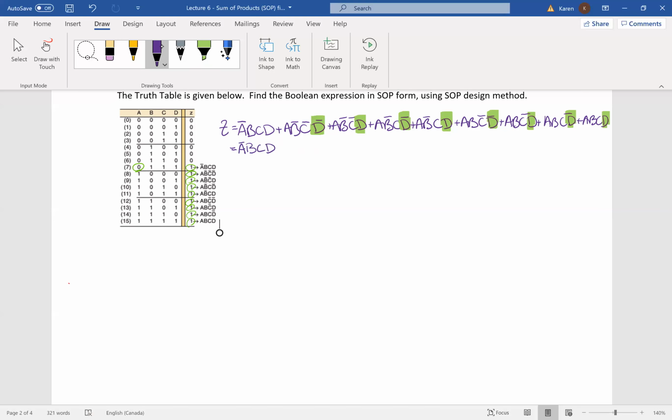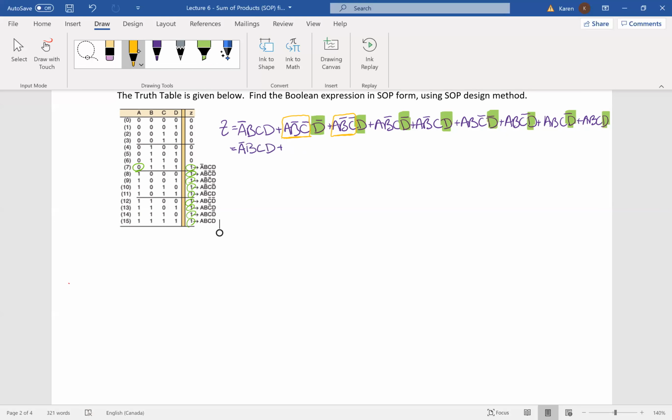I'm going to have to write what I'm left over with, because in each of these I'm going to have to factor out what is similar.